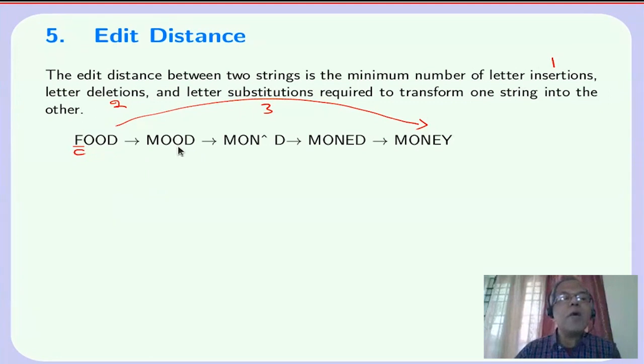Then O is changed to N. It becomes mond. Then I insert here E. We get moned. Then I change D to Y. So in 4 operations, I can transform food to money. Therefore, I say the distance between food and money is 4.